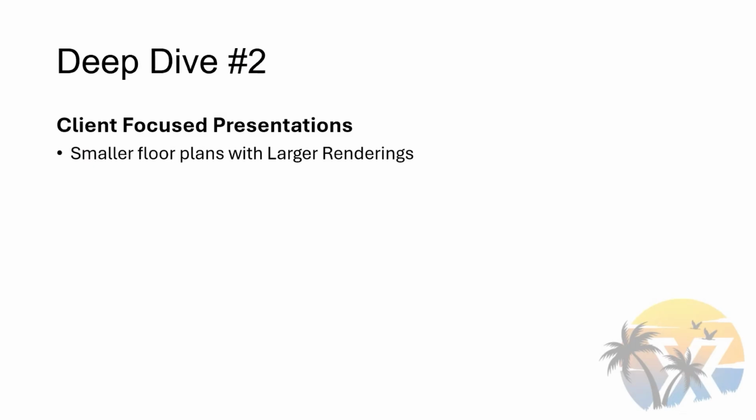However, our clients can't always conceptualize that from just a 2D plan. So we decided to focus more on the rendering of the space rather than the floor plan, since they can read that much better than a 2D floor plan. As you just saw, we're doing a smaller floor plan in the bottom left-hand corner with a larger rendering for those preliminary drawings.